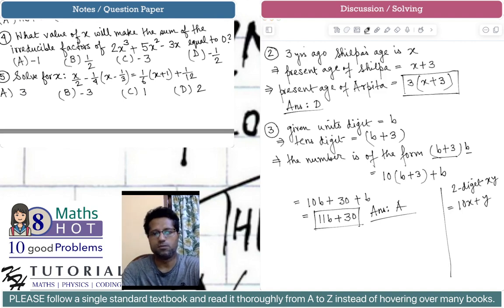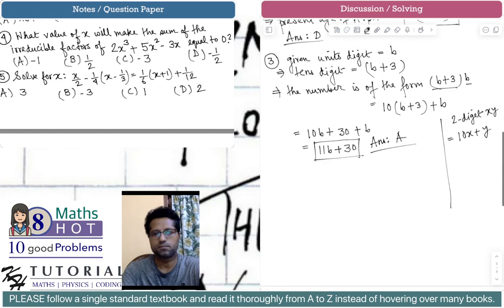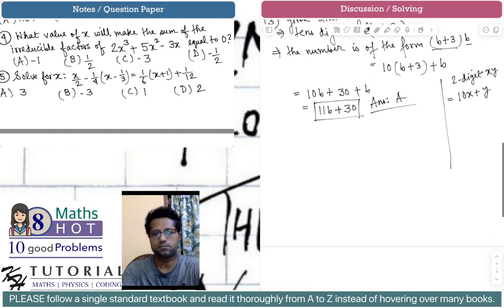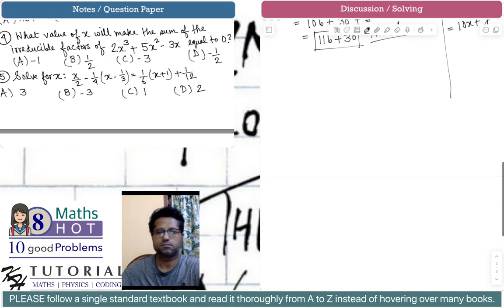Okay, let's do problem number 4. What value of x will make the sum of the irreducible factors of the given polynomial equal to 0?